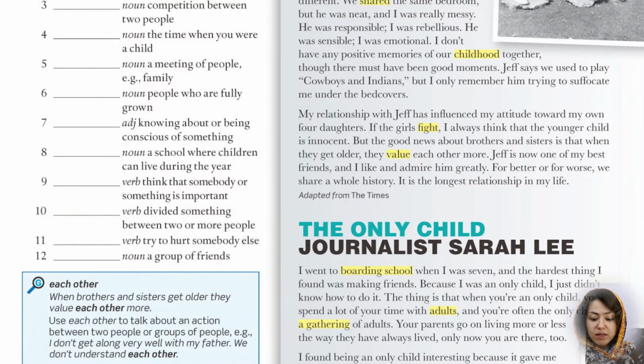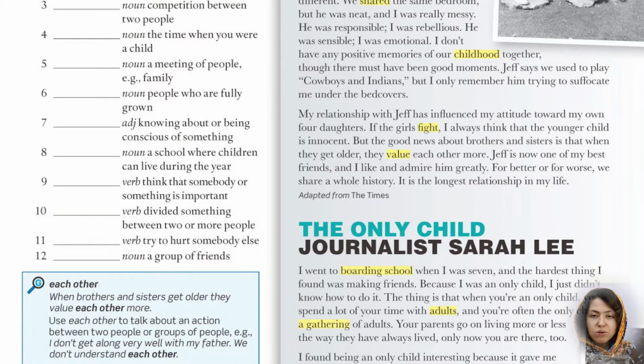Appreciate. Value means appreciate. Jeff is now one of my best friends, and I like and admire him greatly, for better or for worse, in good days or bad days. We share a whole history. It is the longest relationship in my life.